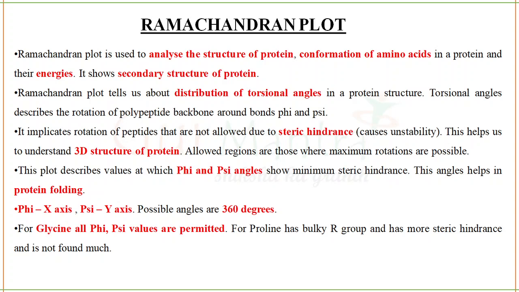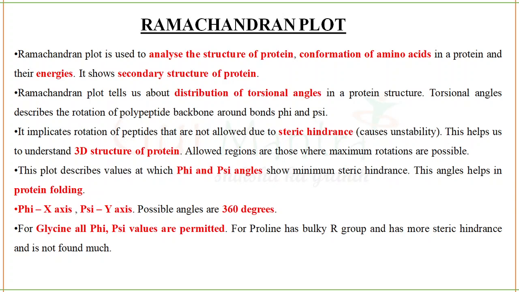It implicates rotations of peptides that are not allowed due to steric hindrance. In a peptide backbone, if there are heavy, bulky groups, they will cause steric hindrance. Steric hindrance means it will not allow easy movement of the bonds, so it will not help in the rotation of the peptide backbone, and because of that instability is caused.